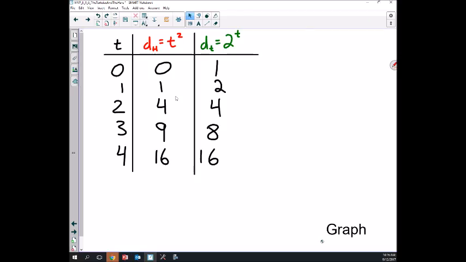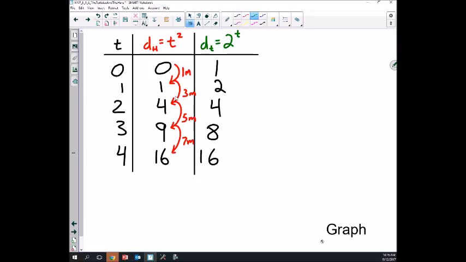So if you look here, we can actually look at how their speed is changing over time. So the hare was going 1 meter per second for the first second. Then the second, they increased their speed to 3 meters per second. Then they increased their speed to 5 meters per second. And then 7 meters per second.